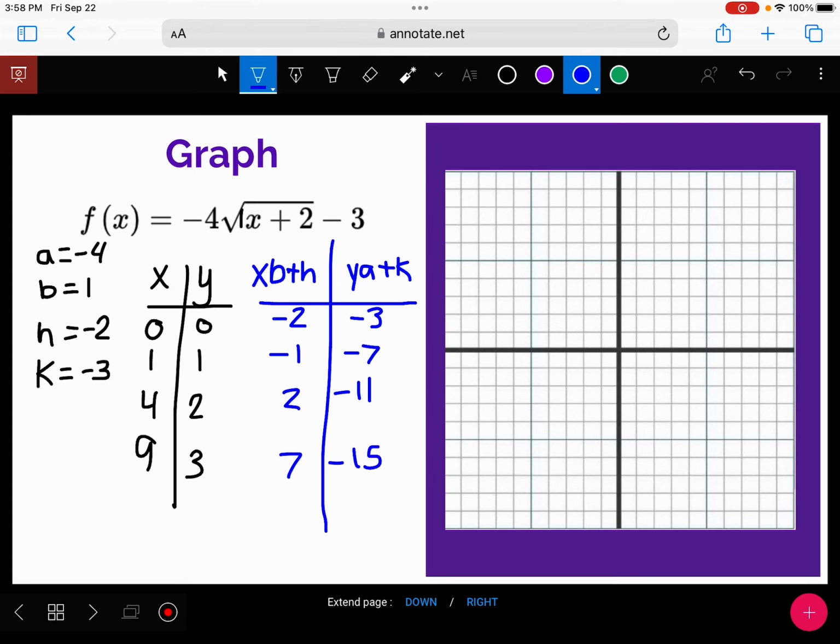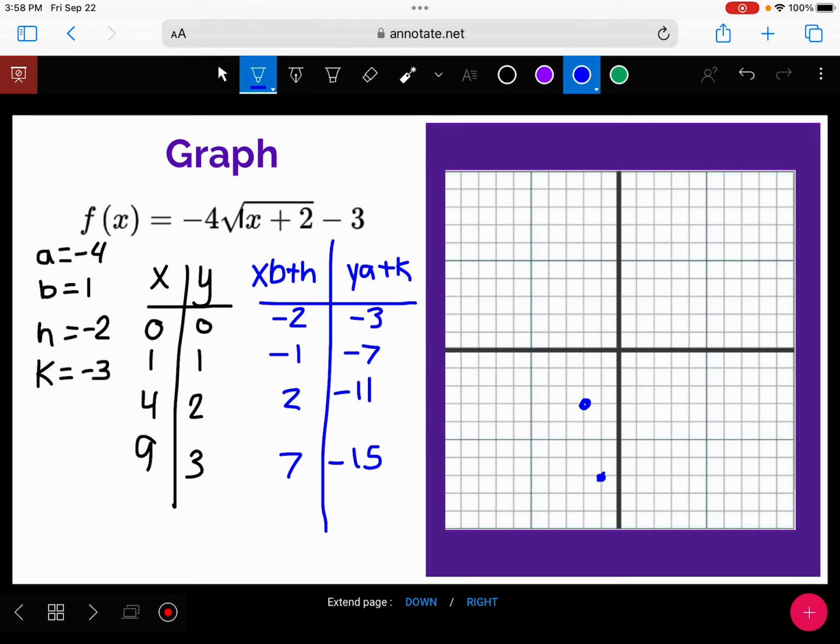And this one goes off the graph a little bit if you're using the 10 by 10s that I gave you, but that's okay. So we have our -2, -3, which is down here. -1, -7, which is down here. Oh, wrong spot. This one.